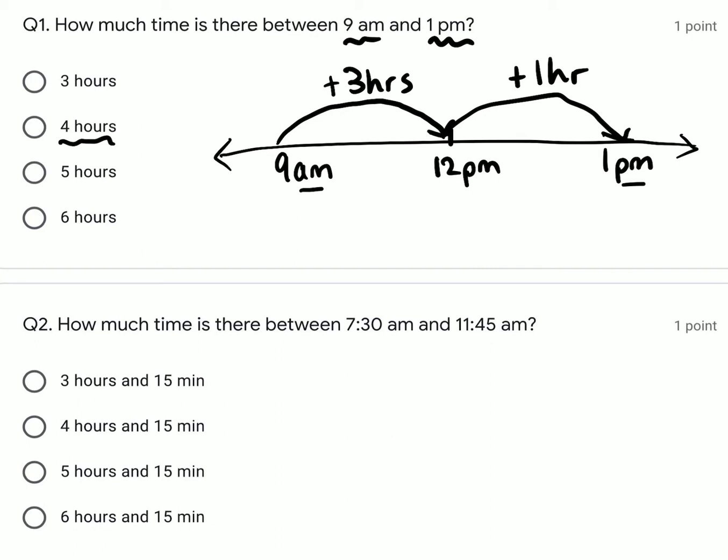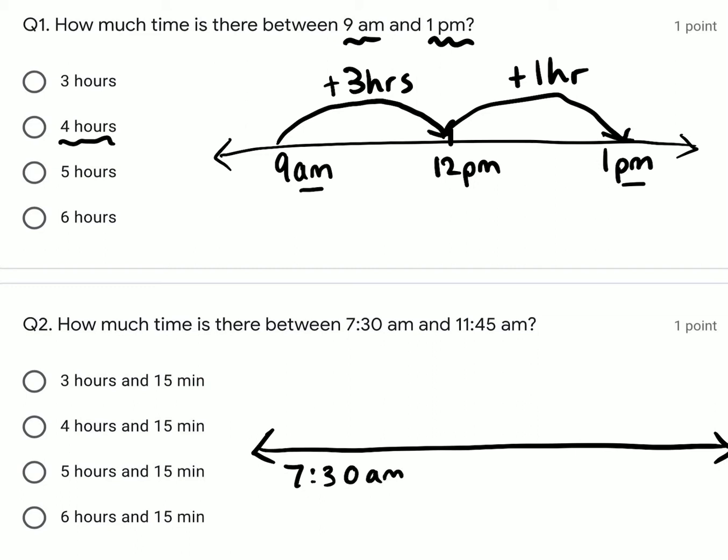And same sort of thing with this question, we're going to draw up another timeline. This time we're going from 7:30 a.m. to 11:45 a.m. And from 7:30, I'm going to take it to the nearest whole hour, so then I only have to deal with hours.